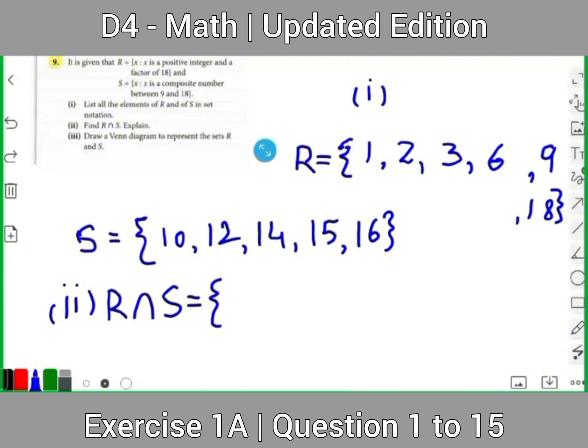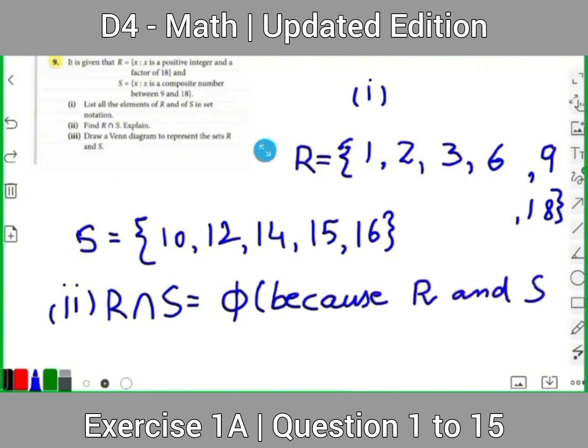But if we analyze sets R and S, there are no such elements which are common to both the sets R and S. So here we have R intersection S equals to the null set, because R and S do not share any common element.